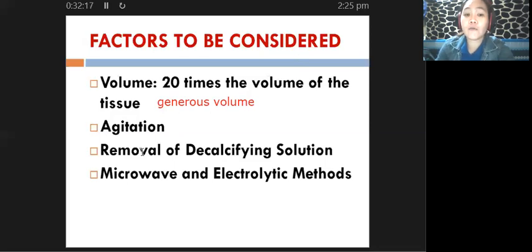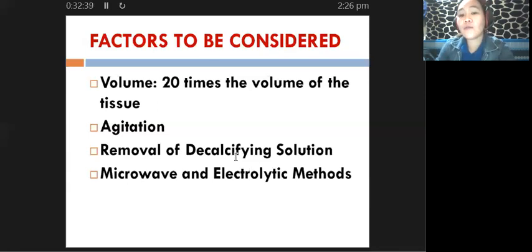For the removal of your decalcifying solution, again, this is very important, guys. I've already mentioned you have to completely remove your decalcifying solution, especially if it is an acid.